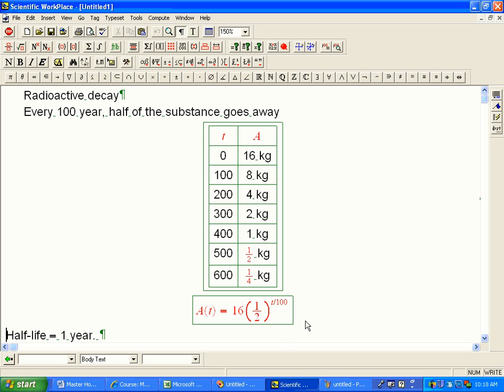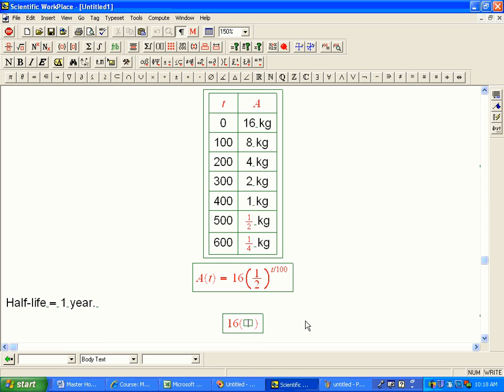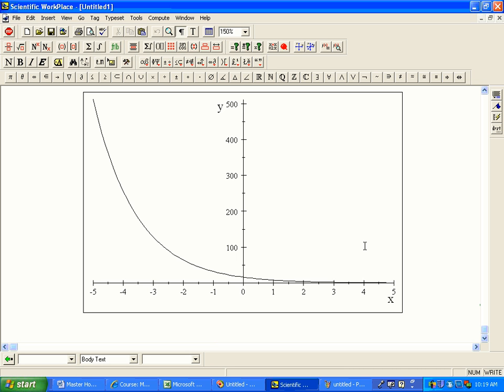One way to see that is to do some graphing. Let's graph 16 times 1/2 to the t, and that really shouldn't be that hard for it to do. Okay, there's 16 times 1/2 to the t.